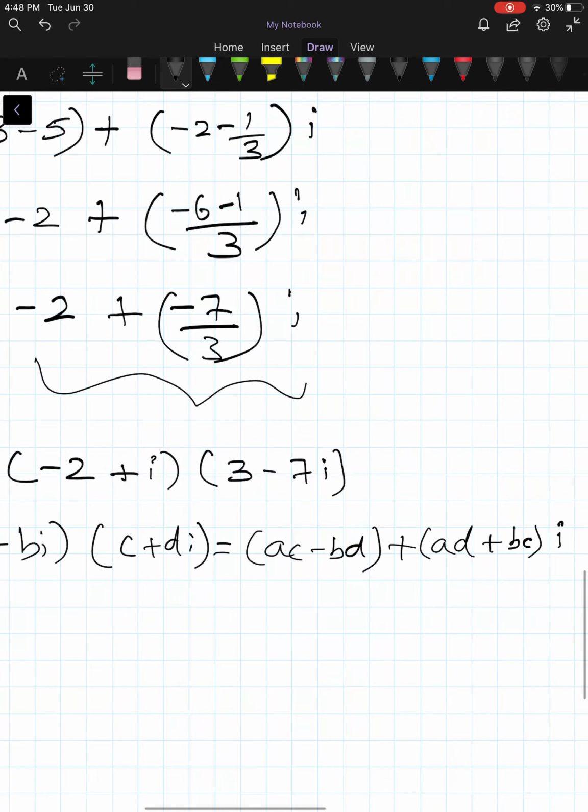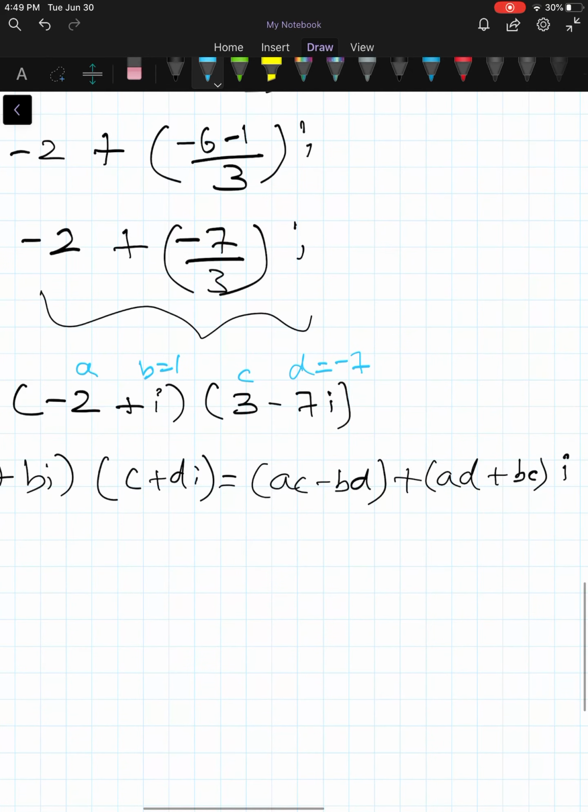Okay, so if I use this, the a here is negative 2 and b is 1, correct, and c is 3 and d is negative 7.